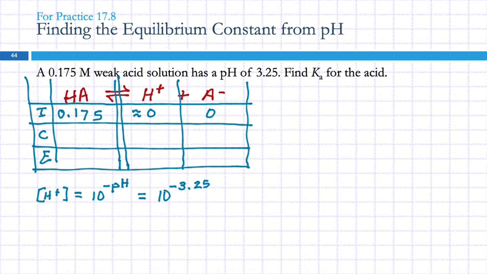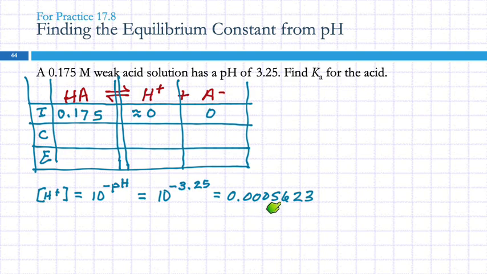Okay. So it's giving me 0.0005623. It was 3.25, it's got 3 zeros.